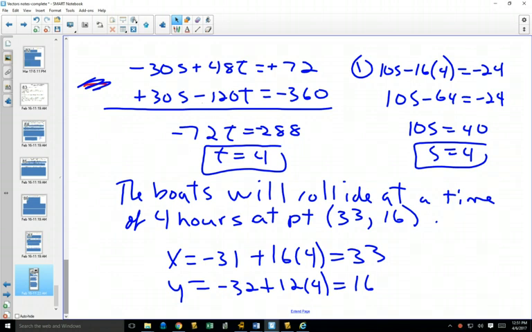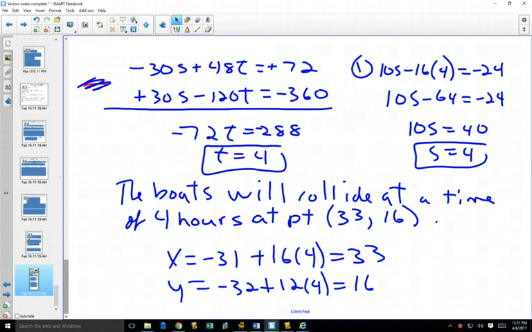So not only did you have to be able to solve for them, but the two values had to be the same, because it could have been that the two boats crossed paths at different times. But since they cross paths and happen to cross paths at the same time, they're going to collide.